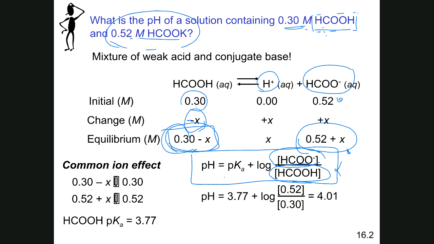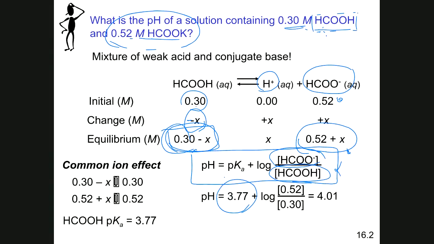If the value for Ka is small, then your approximation is going to be valid. If it's very, very small, your approximation may not be valid, but for this pKa it is going to be valid.